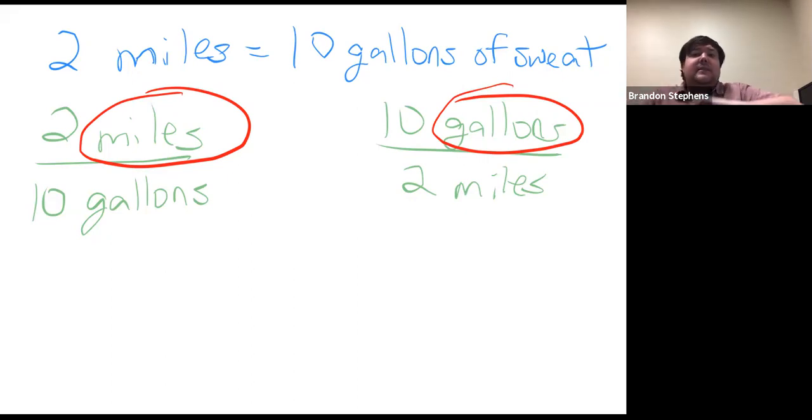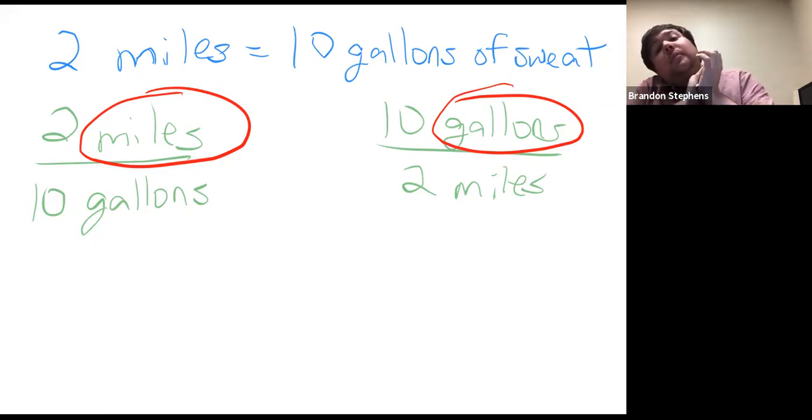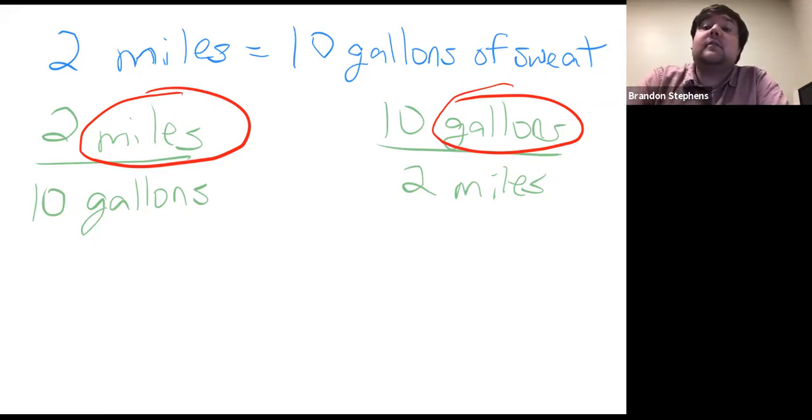Both are excellent rates, both are very valid for that circumstance because it's just putting one equal thing to another equal thing on top and bottom of a given fraction. Even more so where you'll see this kind of emphasis placement is with the concept of a unit rate.